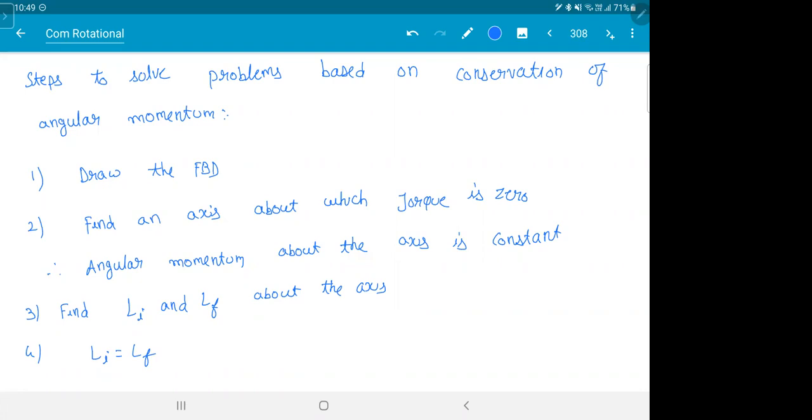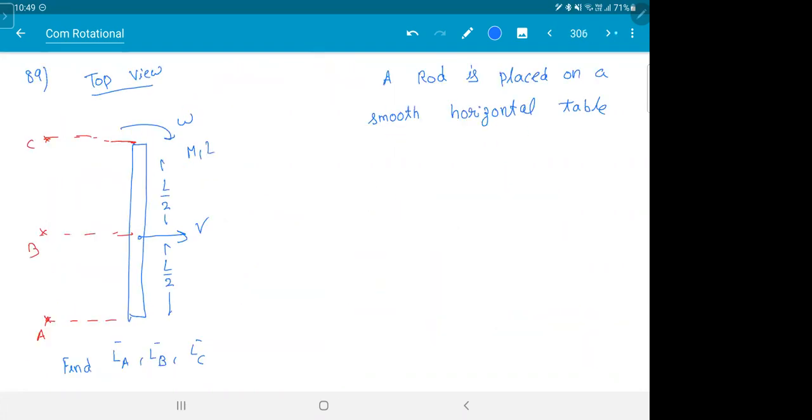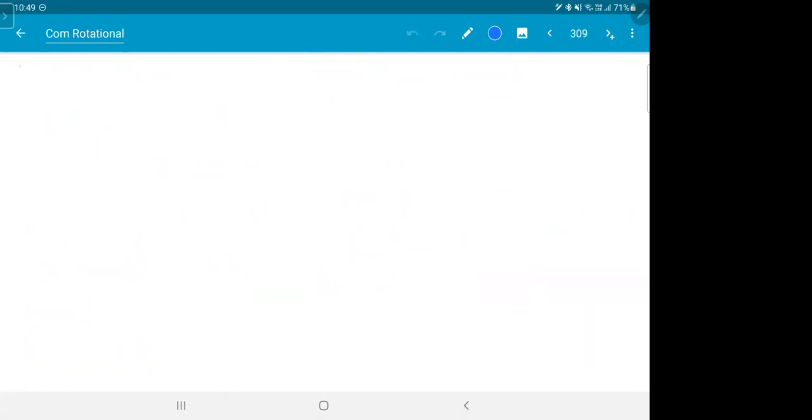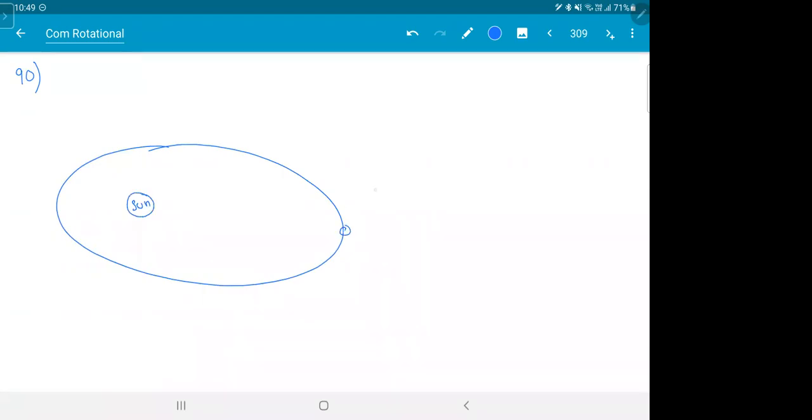Let's see a question. This angular momentum concept is quite useful when you're studying astronomy. We have the sun here, and we have a comet.